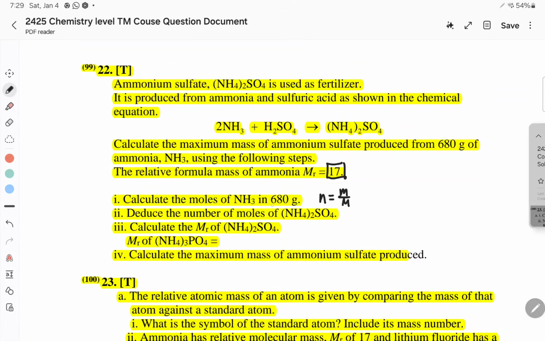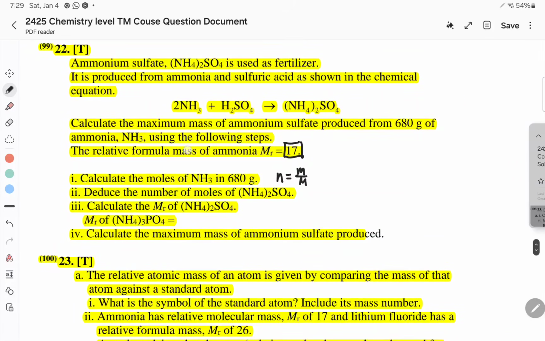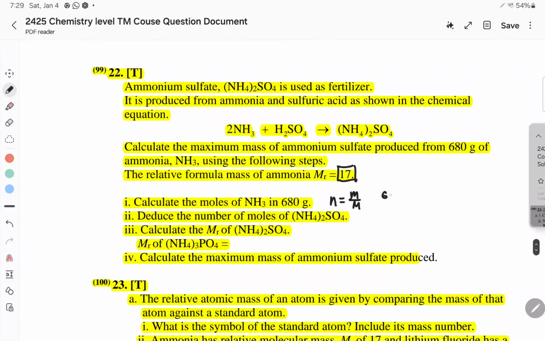So they want the moles of NH3 in 680 grams. Our mass given is 680 over our molar mass, which is 17, which you should get, let me calculate it really quickly, 40. So you have 40 moles used in the 680 grams. So how many moles of (NH4)2SO4 are formed here?